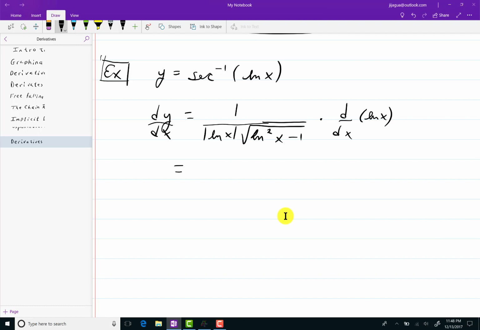And so I don't see a lot that I can do with the first part of this, so I'll just rewrite it. And I can't really do anything with ln squared x minus 1. And finally, the derivative of ln of x is 1 over x.